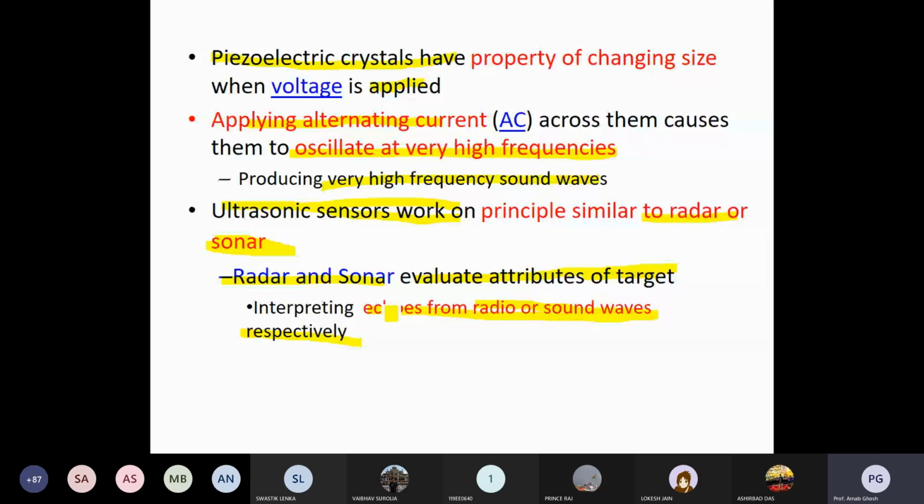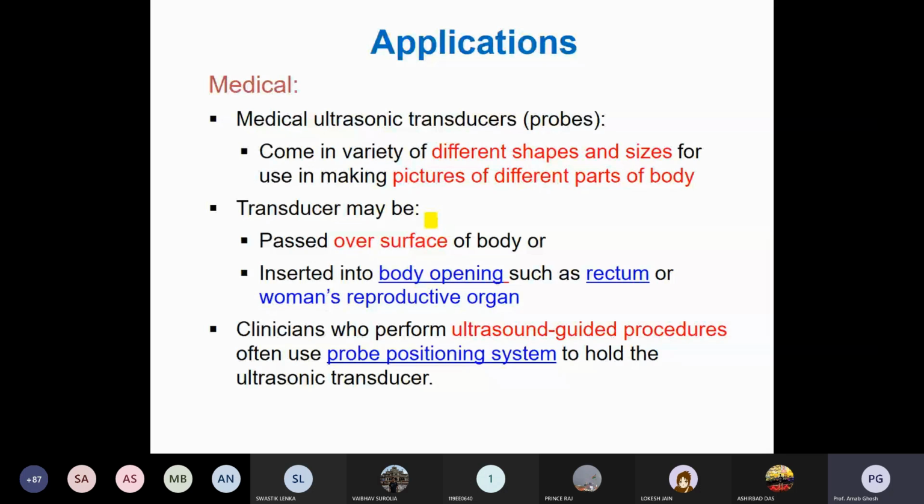Then where is it applied? In medical applications, you know that microsurgeries are now done with high frequency sound waves. Medical ultrasound transducers come in a variety of shapes and sizes for making pictures of different parts of the body.